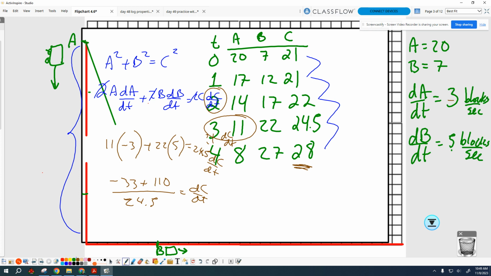What did you guys get? 3.080. Really different numbers. What'd you guys get? 3.142, okay. So looking at this, 24.5 plus 3 and change, does it look like it was about right?